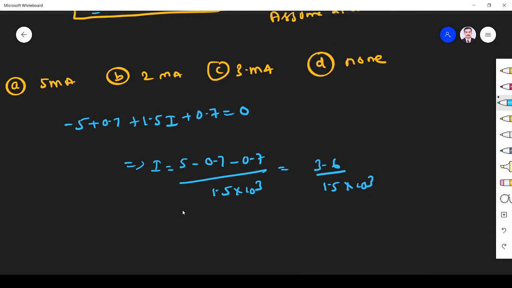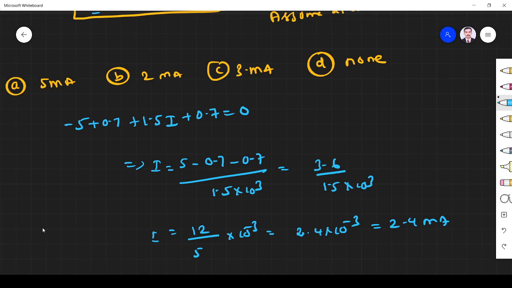So this will give 2.4 into 10 power minus 3, 2.4 milliampere. So option, none of this. So the answer is 2.4 milliampere.